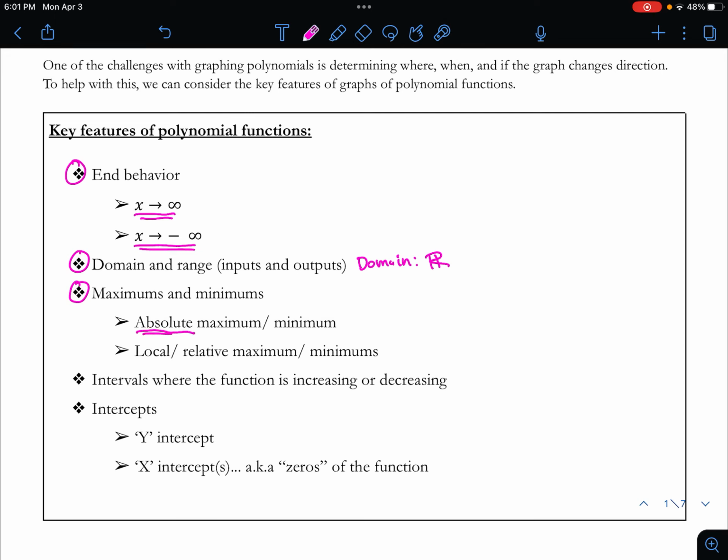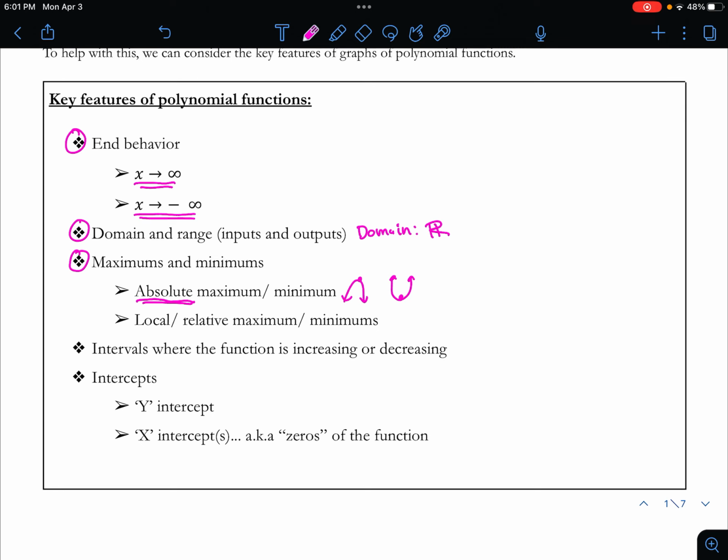It could have absolute maximums, for example, like a parabola, or I should draw a maximum, and an absolute minimum. So that's an example of the highest point the function will ever get to, or the lowest point it ever gets. Or it could have a local or relative one. So if I have something that looks like this, this is a local or relative max.